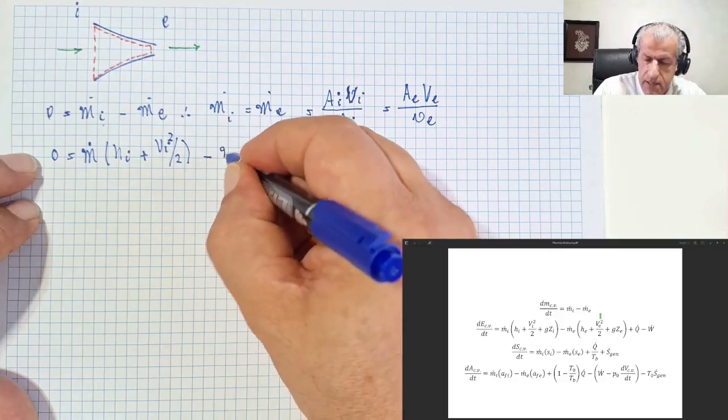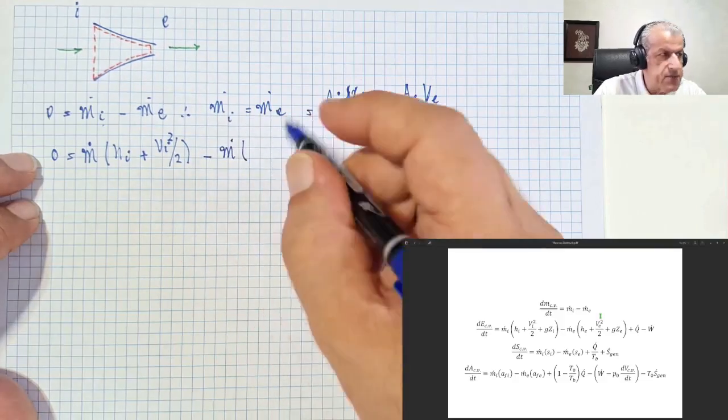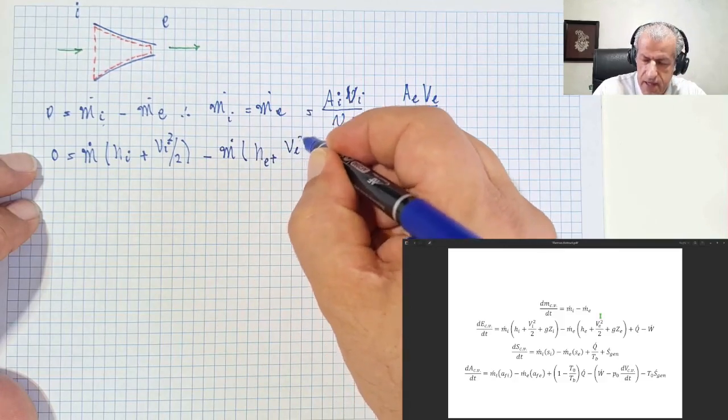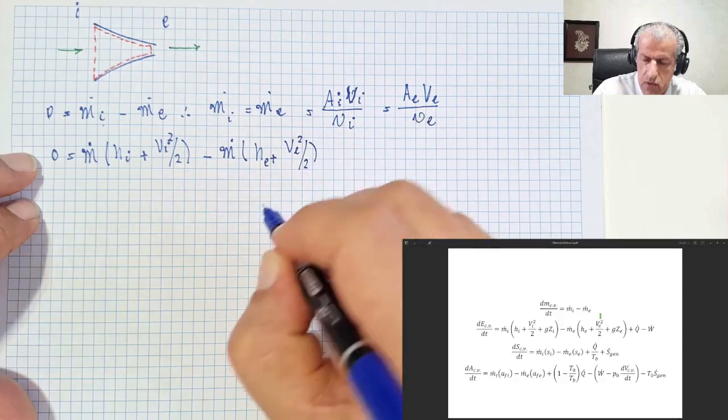Minus m dot times h_e plus V_e squared over 2.